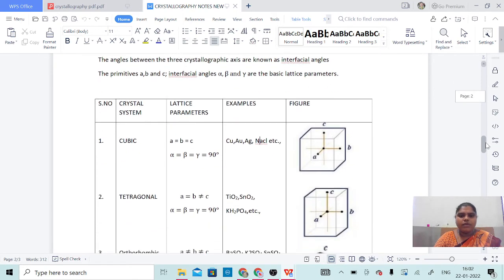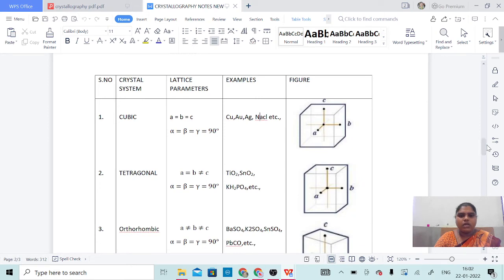There are several crystal structures, all given here. When it is a cubic structure, a equals b equals c and all the angles equal 90 degrees.